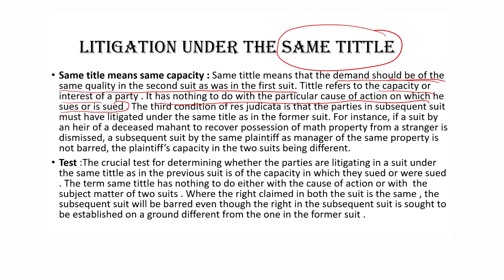It has nothing to do with the particular cause of action, because there can be the same cause of action, but if in one suit you demanded something and in another suit you are demanding something else. Sometimes this can happen, you forget that in the first pleading you couldn't raise this issue, or this issue was not there at that time.